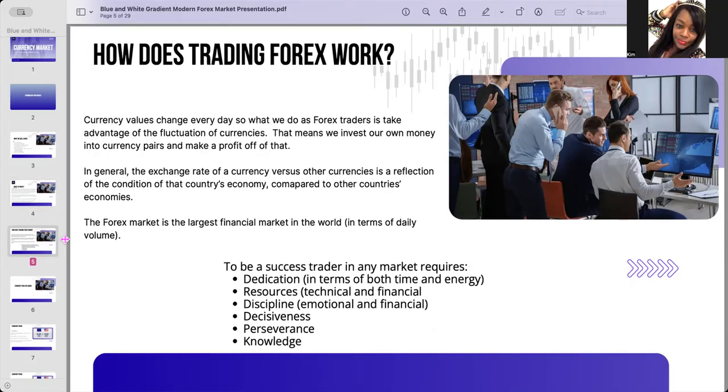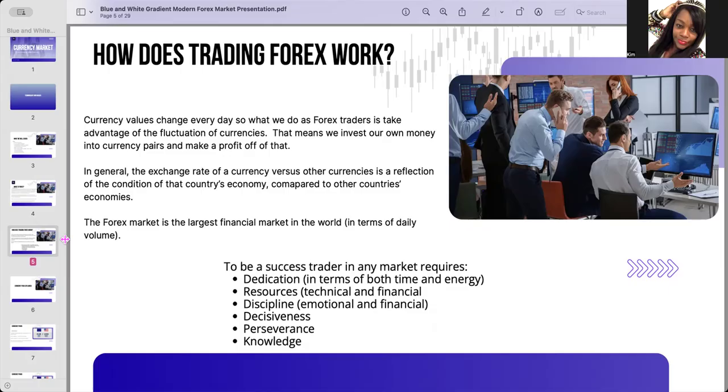So how does it work? Currency values change every day, so what we do as traders is take advantage of the fluctuation in the currencies, or the way the market moves.